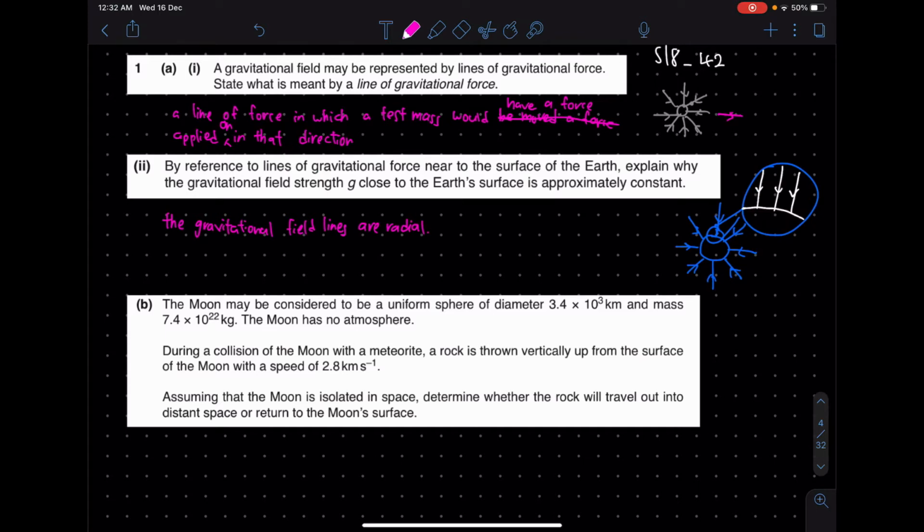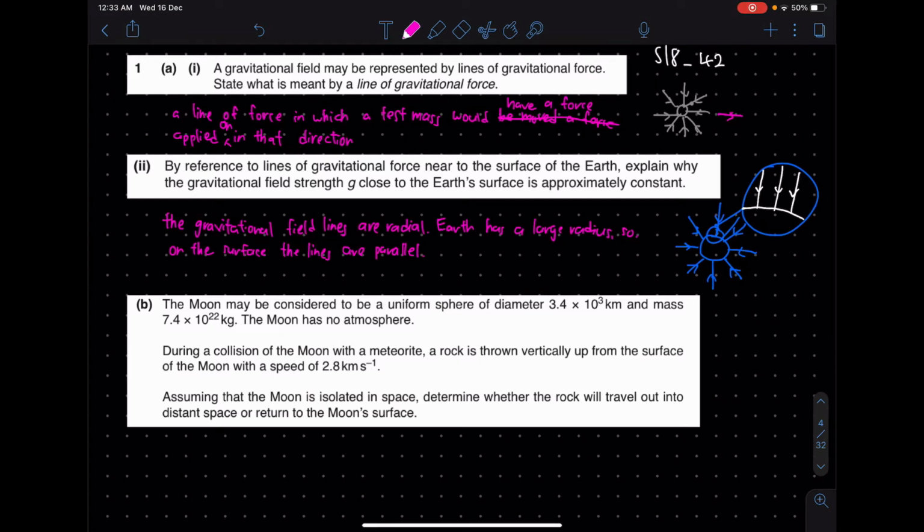And the Earth is very large, so we can say that the Earth has a large radius. So on the surface, the lines are parallel, or approximately, if you feel like it will give you a better sense of understanding.